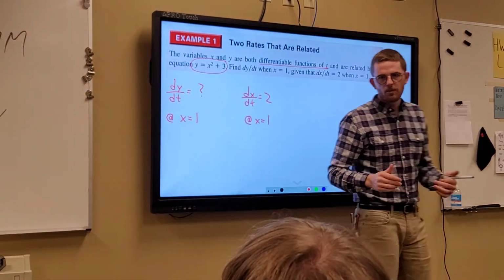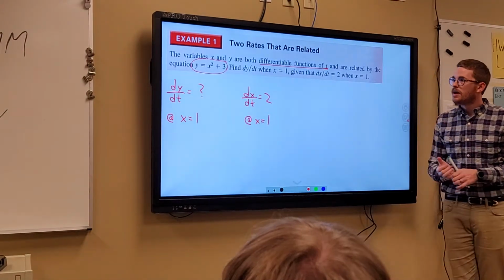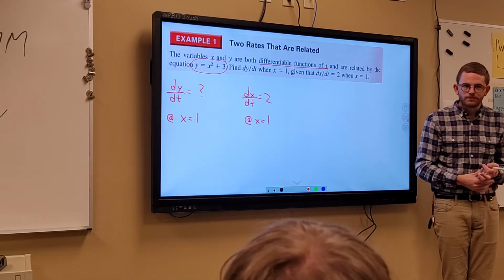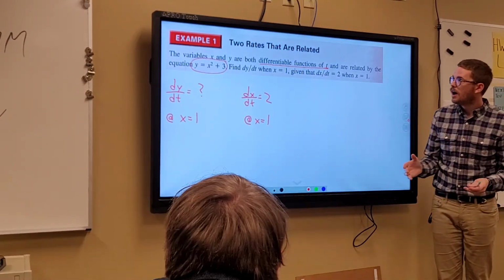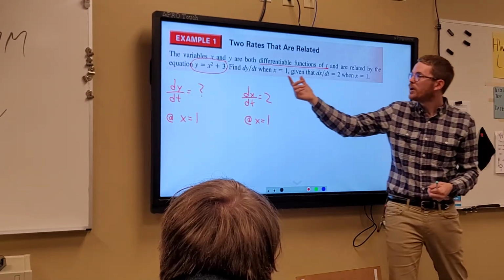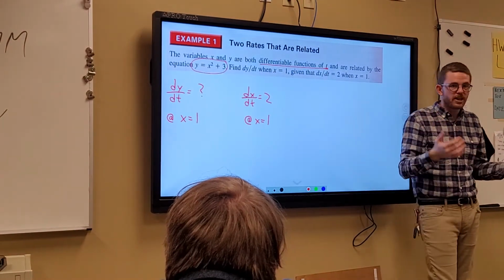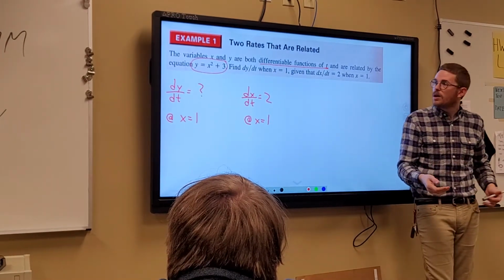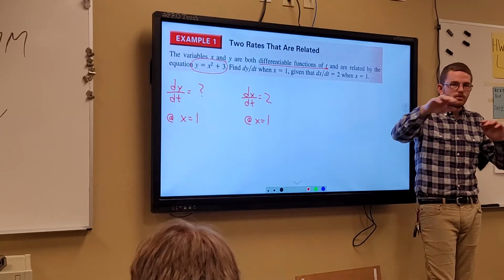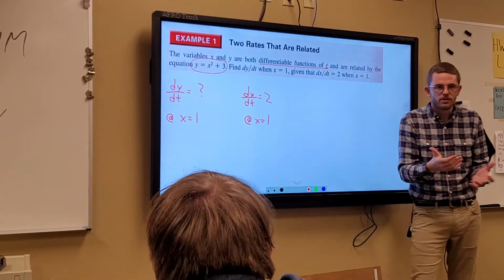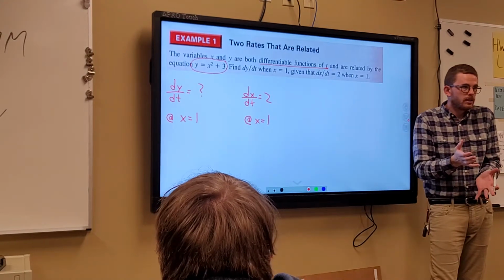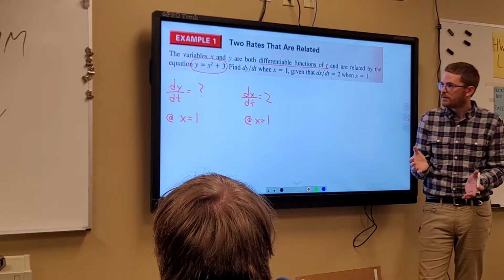It's going to be pretty obvious most of the time. They give you a lot of information. And the first thing that I would always encourage you to do is just start writing it down. Here, they gave us that information in the notation that we would be used to, but they might say things in words, and we're going to want to convert it to the notation that we're used to. That's going to make it all a lot easier on us.